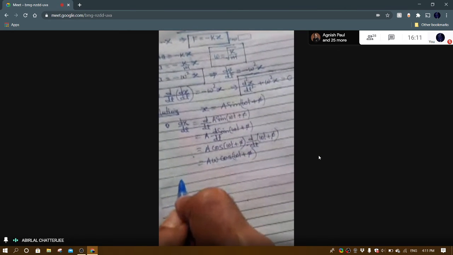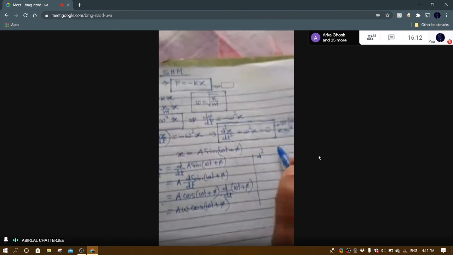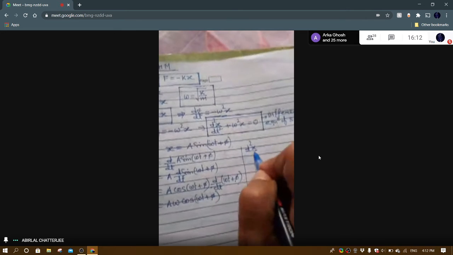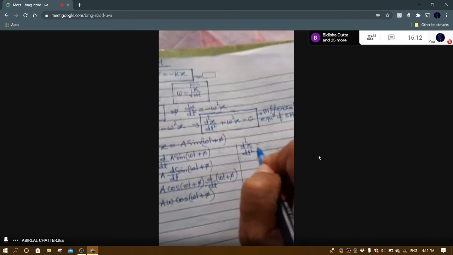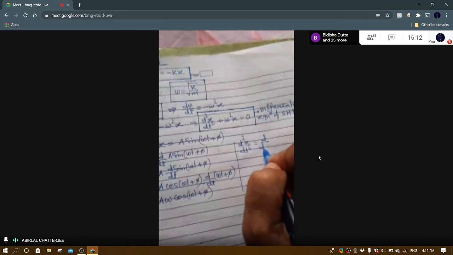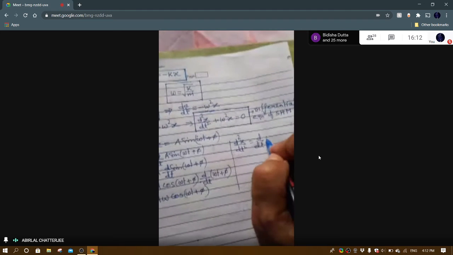Next, again I'll do the differentiation with respect to t. That means from here, second one, what will I get? d square x by dt square equals d/dt of again this result, the first differentiation, A omega cos(omega t plus phi).